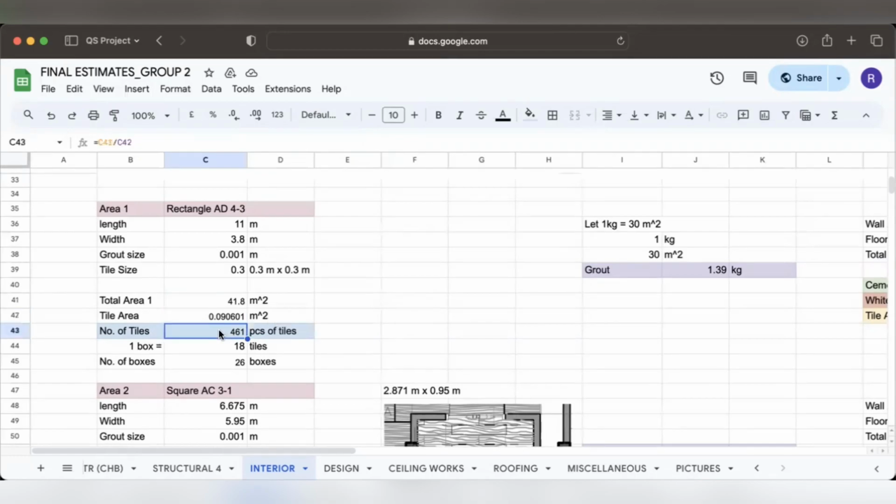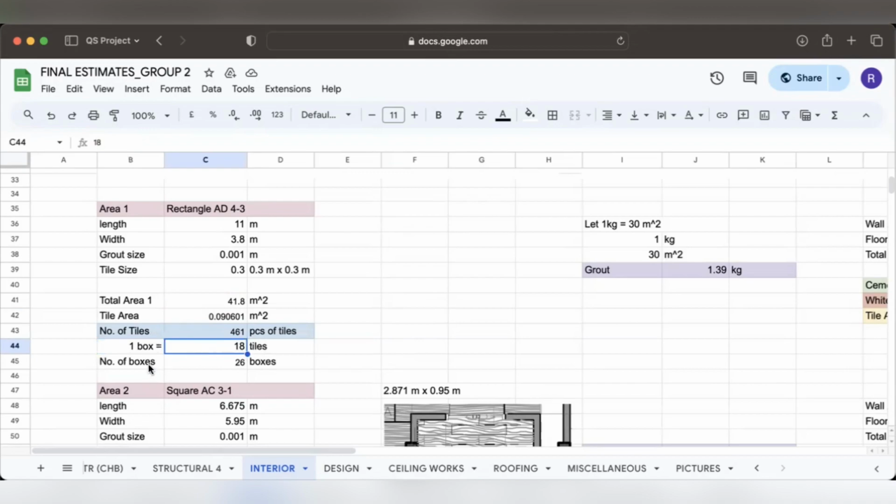For the number of tiles, we divide the total area by the tile area. That's why we have 461 pieces of tiles. To get the boxes needed, we assume one box is equal to 18 tiles.